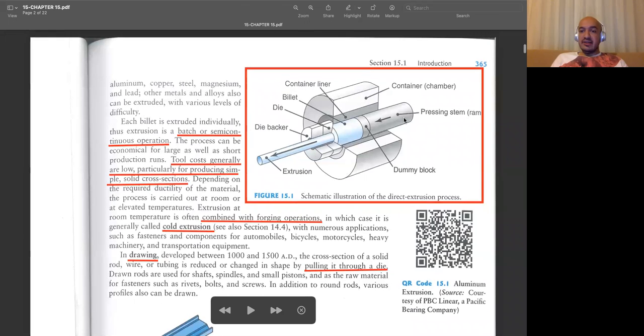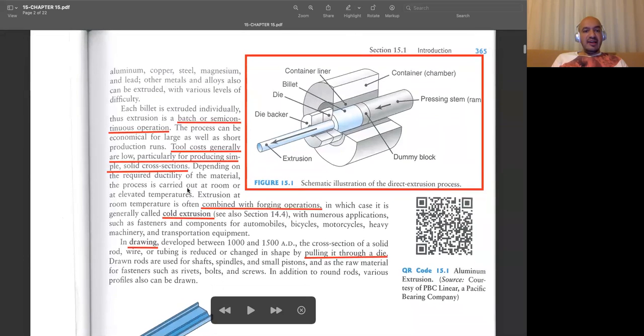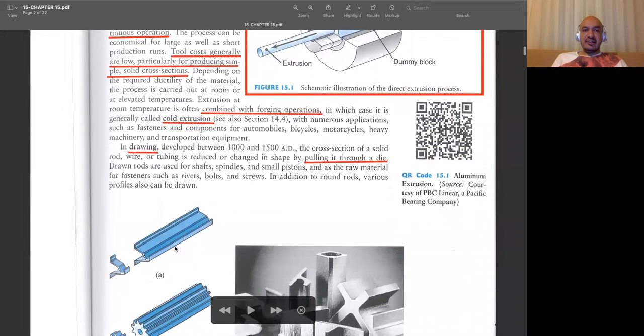And the tools are not complicated, you see, and their costs are kind of moderate. You cannot say too low or too high, but it's between moderate and low, I can say. And with this process, as you see, we mostly produce simple solid cross sections.